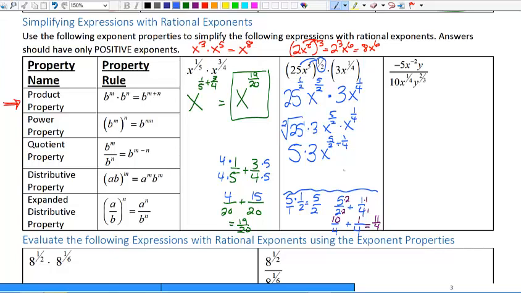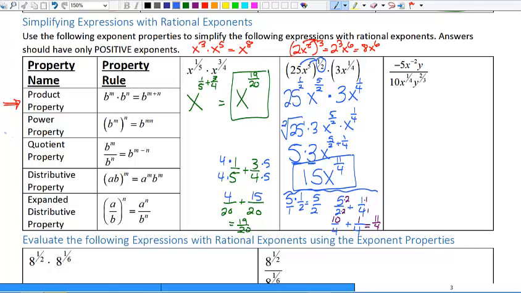So I add my exponents to get 11/4, so that gets me x to the 11/4. In the front, I had a 5 times a 3. Well, that's just 15. So my final answer is 15x to the 11/4.